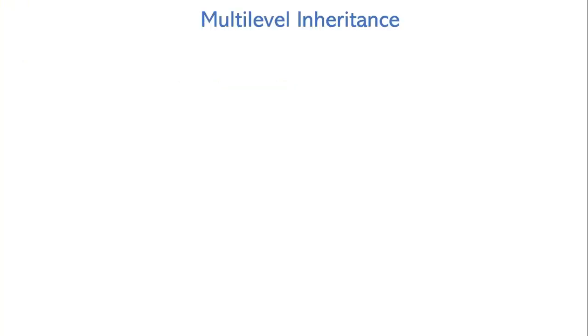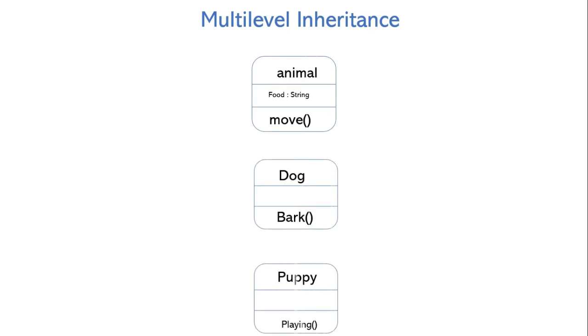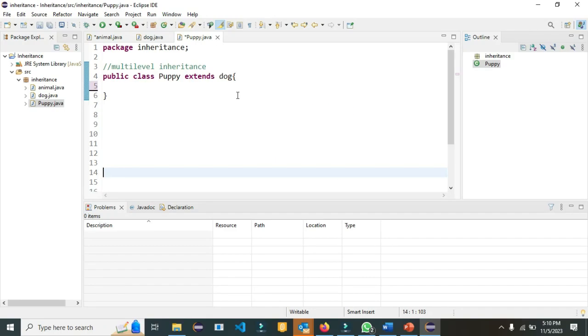In multi-level inheritance, we have three classes like this, where one class, which is puppy, extends the dog class, and the dog class extends the animal class. Let's see it in Java. In this multi-level inheritance, I use the same example: animal class, dog class, and I add one more class, puppy.